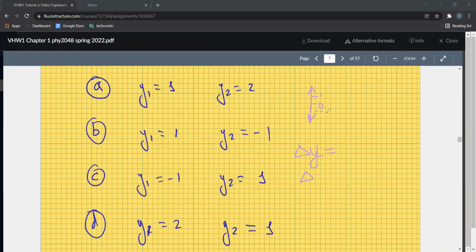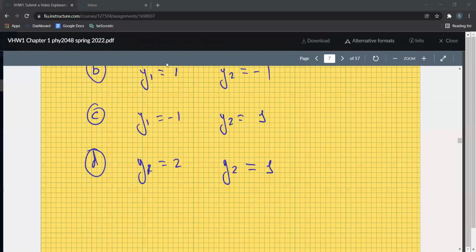Our initial is -1 and our final is 1. So we're going 1, 2. This is in the positive direction. So we're going +2. And I can prove it to you mathematically. If our final is 1 and our initial is -1, it'd be 1 minus -1, or 1 plus 1. Our change in y equals 2, or +2.